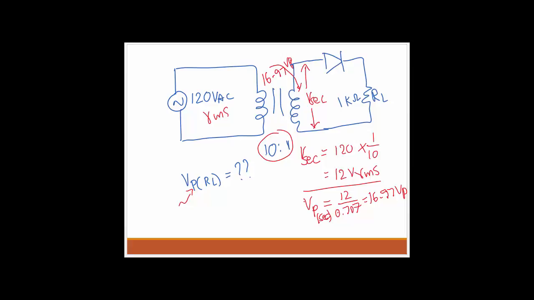So this signal is passed through the diode. That means the voltage across the load resistor is 16.97 minus the diode drop of 0.7, so 16.97 minus 0.7 volts gives you 16.27 volts across the load resistor.